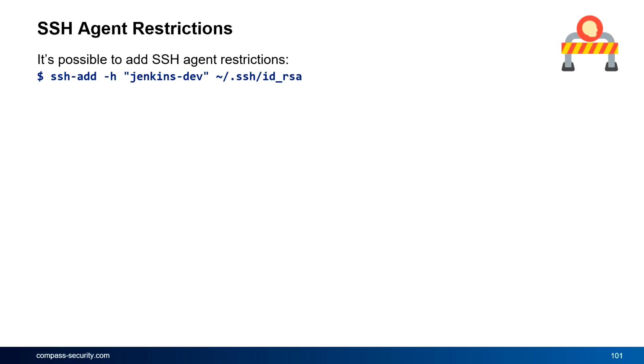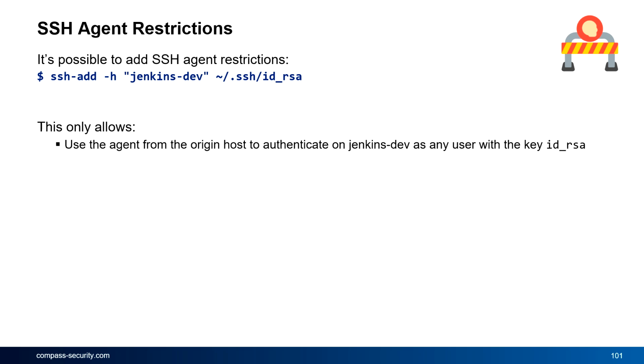SSH agent restrictions allow you to define in detail how a key can be used. So in this example here, if you load a private key into the SSH agent, you can specify with -h where this key can be used for authentication. And this now means the key id_rsa can be used to authenticate as any user on the host jenkins-dev. Here is another example for another key.